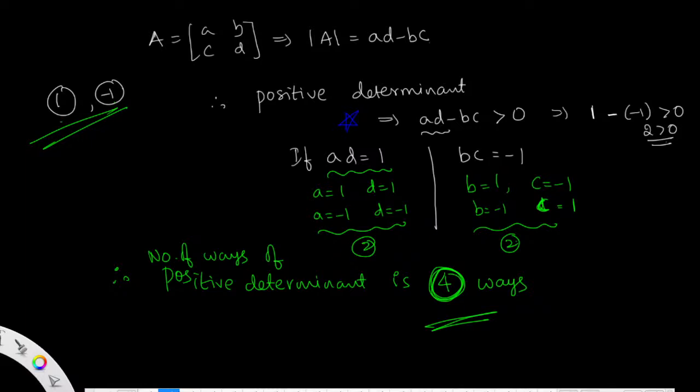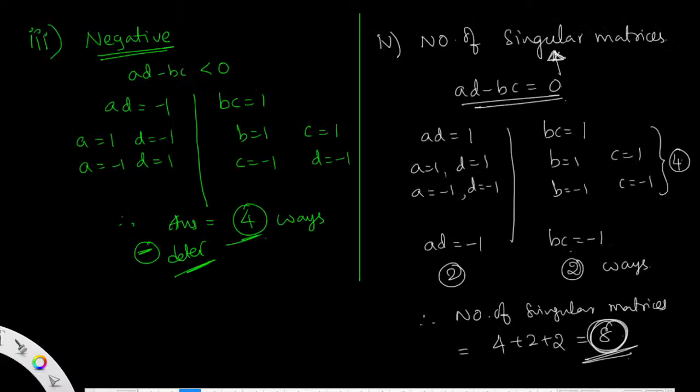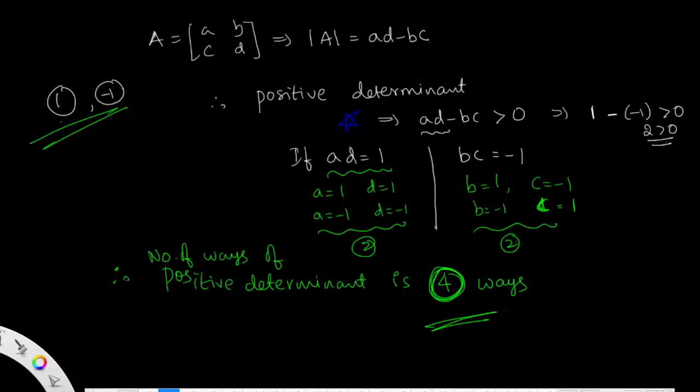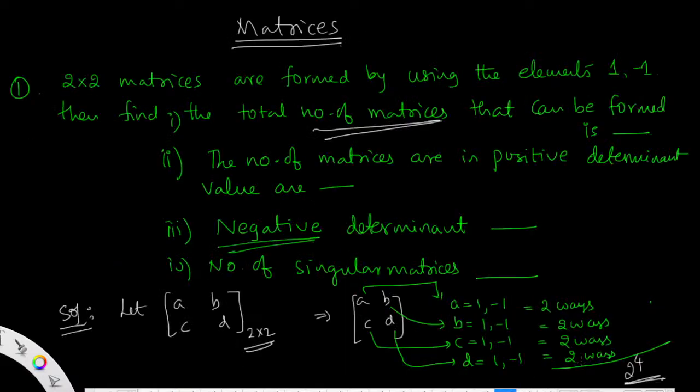How many ways can we get? This is for the positive values. If our A getting value is 4, the total number of ways is 2 to the power 4 we got.